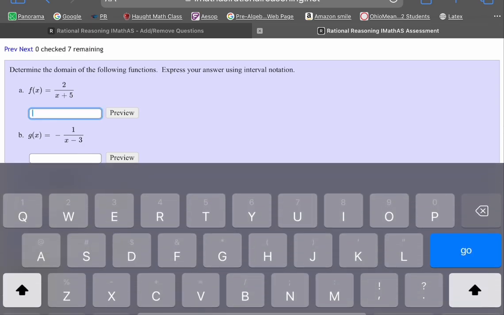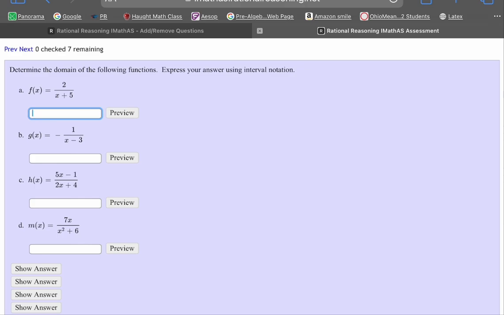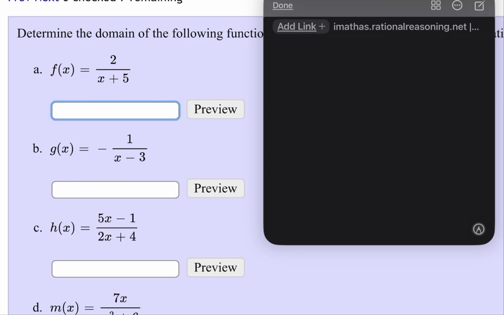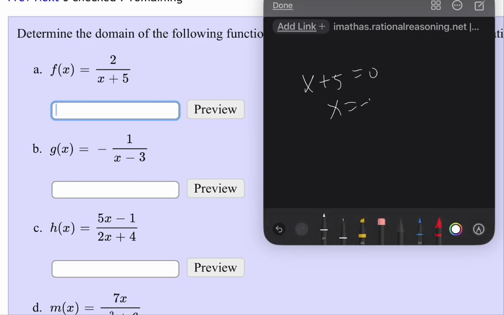In problem 4a, if you think about the numbers, the only number that messes this fraction up that we have to skip is where x plus 5 equals 0. So remember, x plus 5 equals 0 at -5. So the only thing we have to skip is -5.